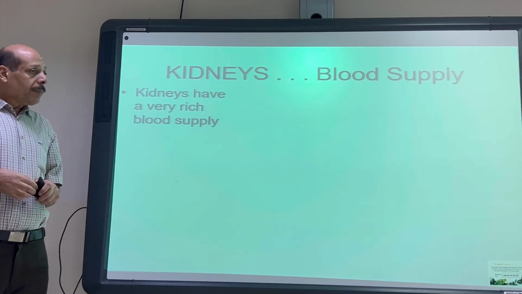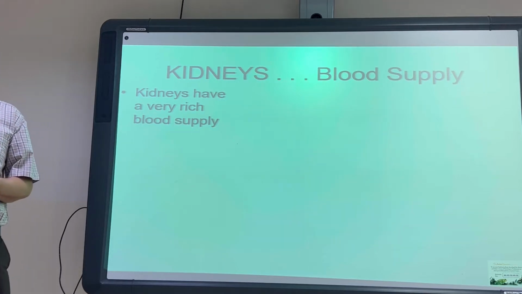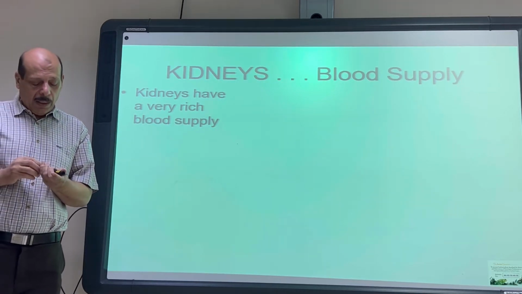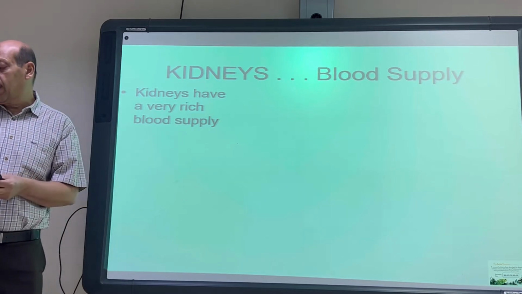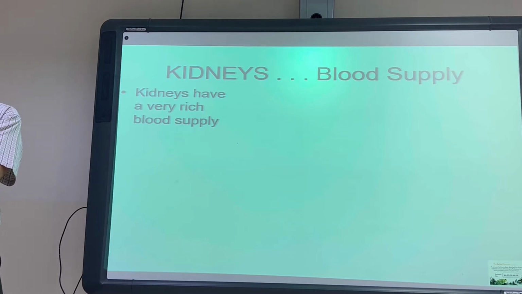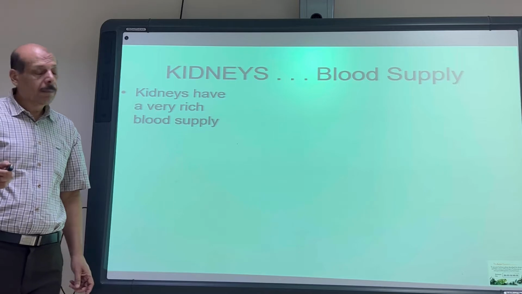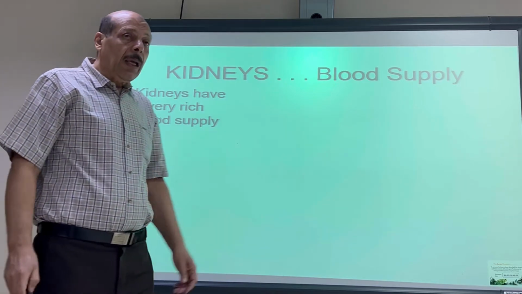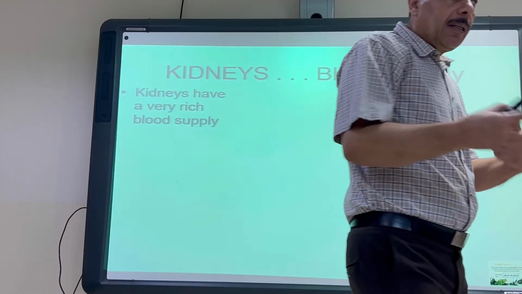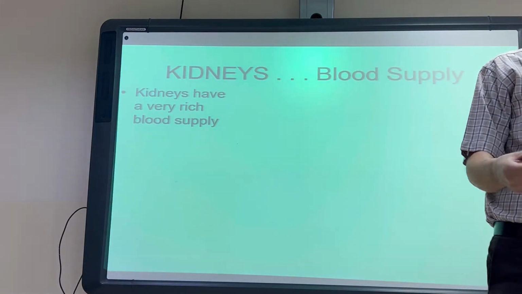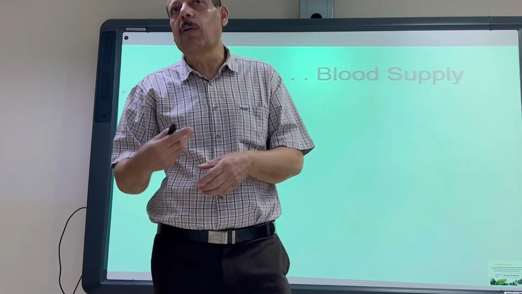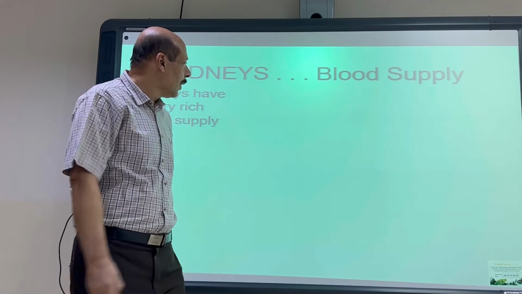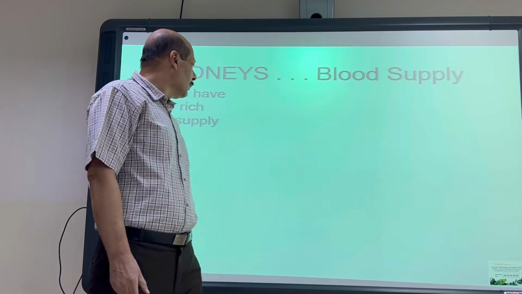So the kidney, as we said before, has to have a rich blood supply. It needs a rich blood supply because it filtrates the blood and is continuously getting rid of the waste products from the blood.